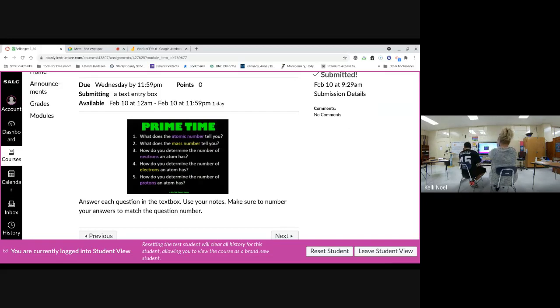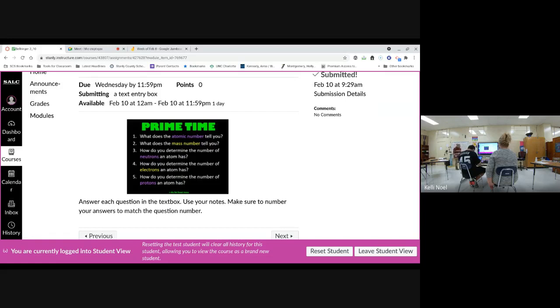All right, how do you determine the number of neutrons? Is that mass minus the proton? Very good. Mass number minus protons.